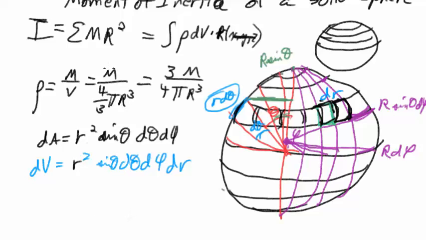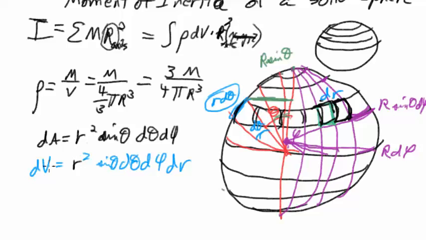Finally, I'm going to think about this r here. How far away is each of these things from the axis? I'm going to make that something a little bit more formal: r of the axis squared, m r squared axis.